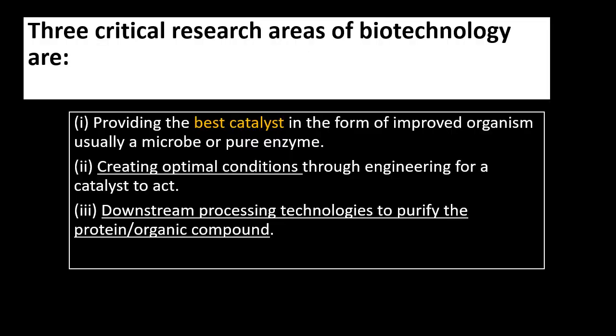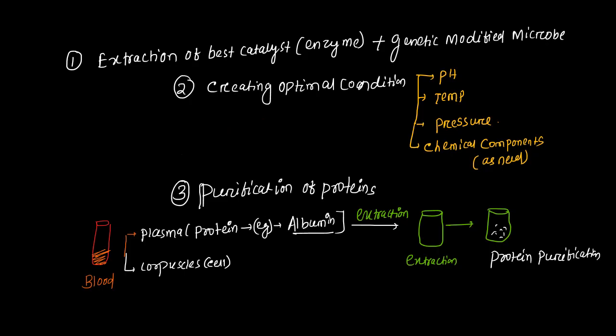Three critical research areas of biotechnology. The first one is providing the best catalyst. That means we produce proper, pure enzymes. We know the function of an enzyme is to activate or enhance the activity of a chemical reaction.